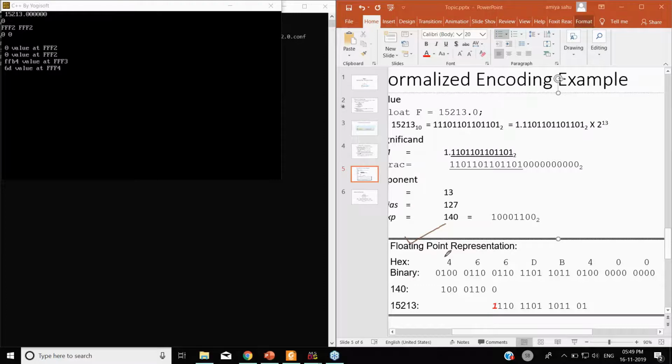But how does it occur? If you see this bit pattern format, there is a sign bit for sign interpretation. The number is positive, so 0 signifies the positive number. And here it has used 8 bits.